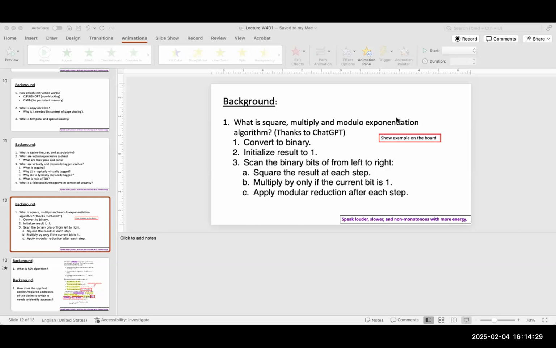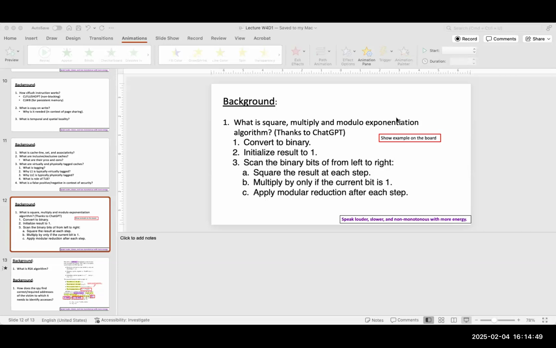You first set the result equal to 1. This is the least significant bit, and this is the most significant bit. You start scanning from the most significant bit, and do the operations depending on the value of the bit.